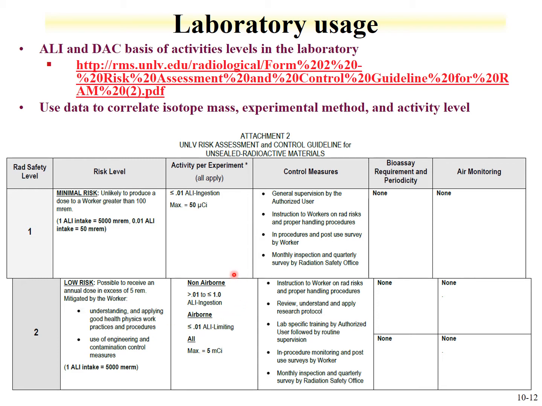If the activity for the isotopes one is working with approaches 1 ALI, then the rad worker level is 2, or an airborne ALI of 0.1, the rad worker level is 2. This means that the researcher needs a little bit longer skills, a little bit more supervision in working with activity.